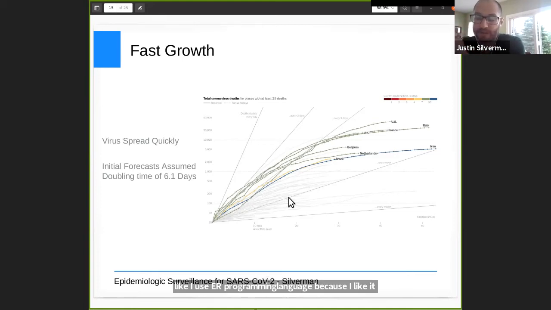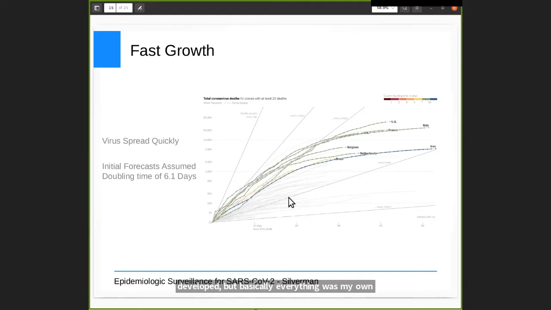My research is primarily statistical methods development for time series data and count data, which is very much what we were working on here. I can go into details about some of the methods I've developed, but basically everything was my own technologies that I've been developing over the past 10 years. Very cool, thank you.